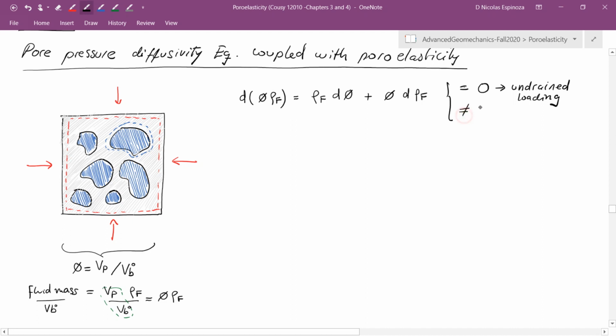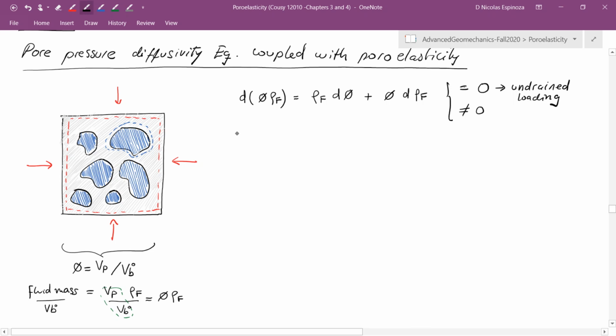Sometimes also this could be different than 0, right? And that means that there is some fluid that is going to be displaced, or is going to be expelled or taken into the pore space that wasn't there before. So I wouldn't call that drained right away, because we don't know how much time it's going to take, and that's what we want to solve right now.